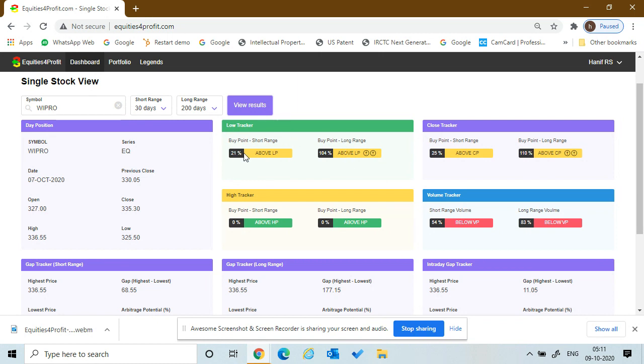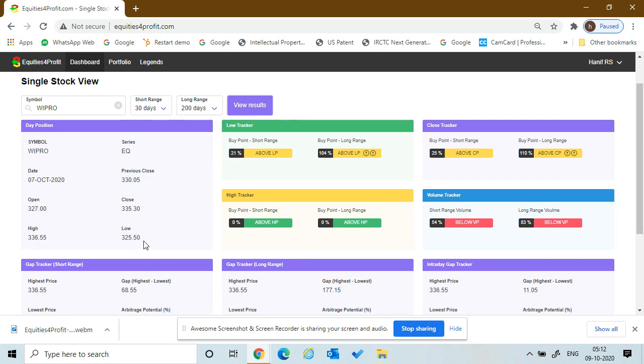Now, if you look at the low tracker, today's low is 21% above the lowest point of the last 30 days. Today's low is almost 104% above the lowest point of the last 200 days.